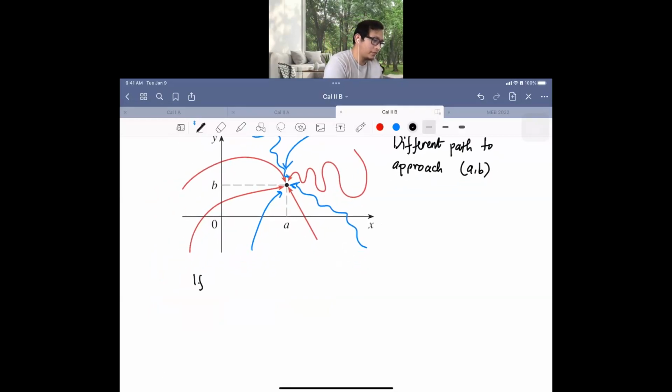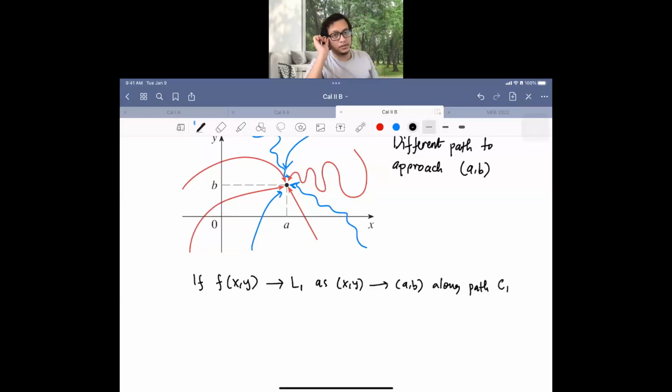If the function of xy goes to, let's say, a number L1, as xy approaches AB along path C1. A path can be any line.